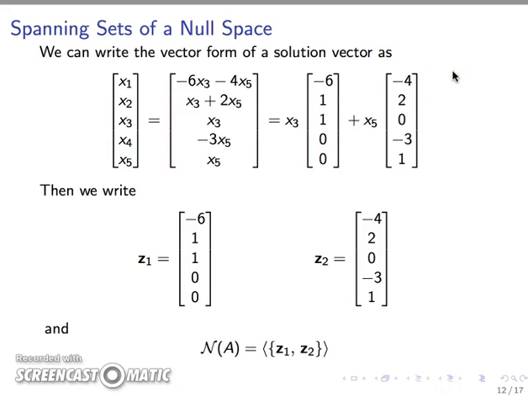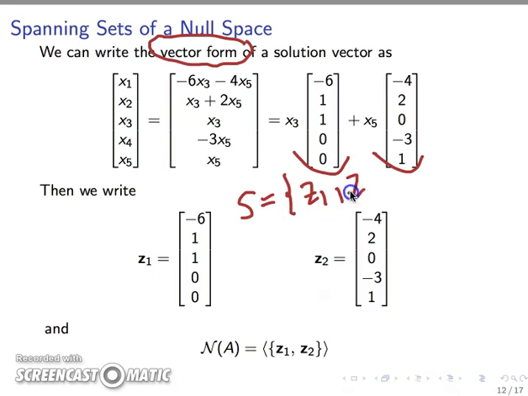That is addressed by selecting the vectors in the linear combination that we come up with by expressing the solution in vector form. That's the key, and that's what gives rise to these vectors that we're calling Z1 and Z2. So S would be the set containing Z1 and Z2, and by defining S in this way, the span of S is exactly equal to the null space of A.